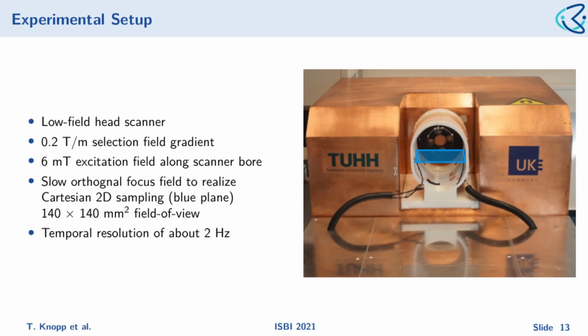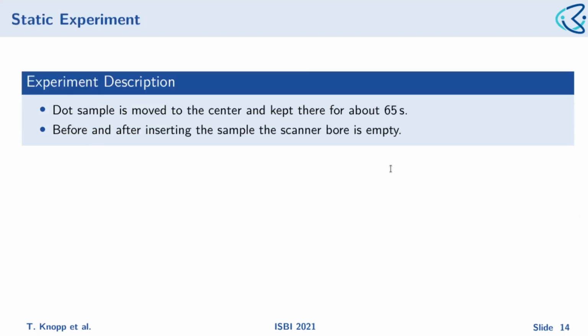The field of view is about 140 times 140 millimeters squared, and the temporal resolution of the scanner is 2 Hz. In our first experiment, we started the measurement with an empty scanner. Then, we put a static dot sample into the center, where it remained for about 65 seconds. This allows us to analyze background drifts and the associated artifacts.